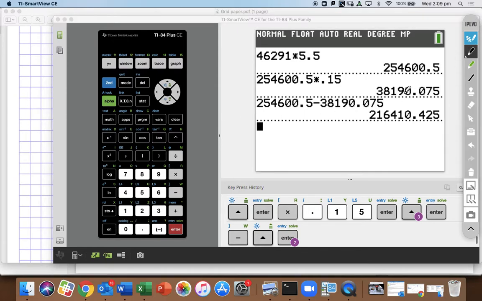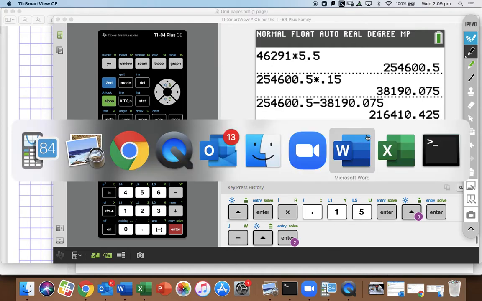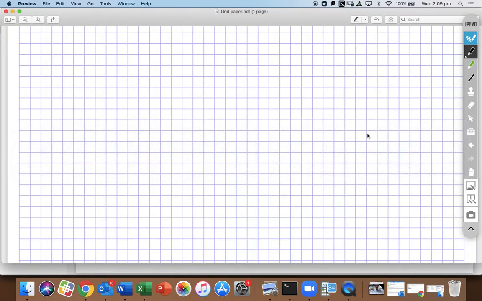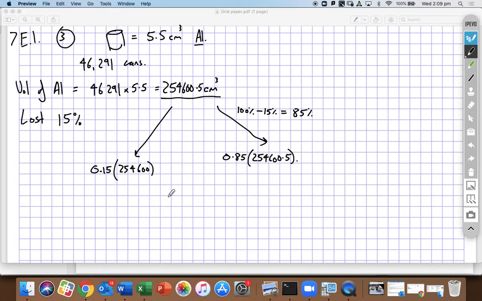How good's my memory? It's not that good. 216,410. Where am I going here? 216,410. All right. So the volume of aluminium that we have left equals 216,410, and there were some decimals. I think it was 0.425 cubic centimeters.